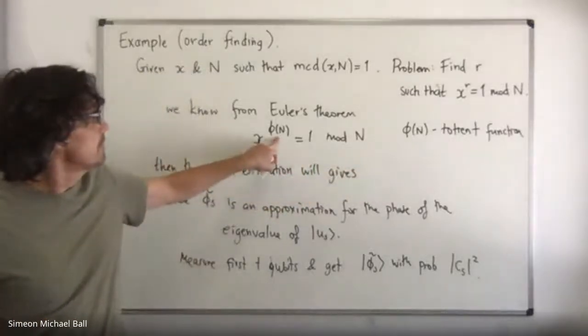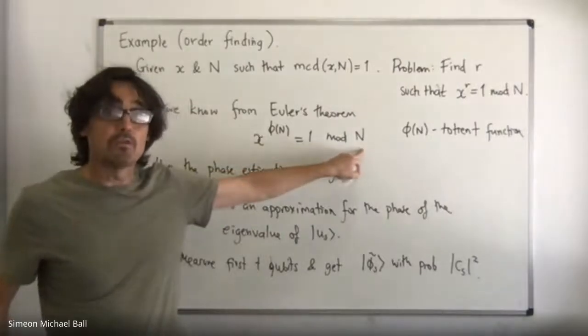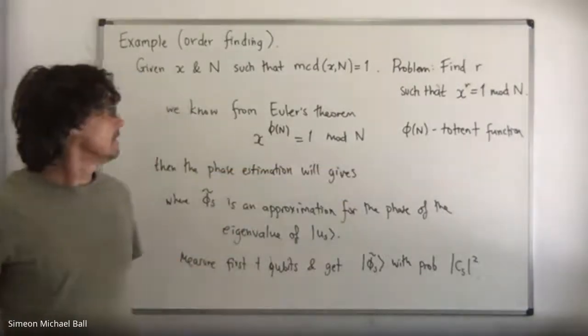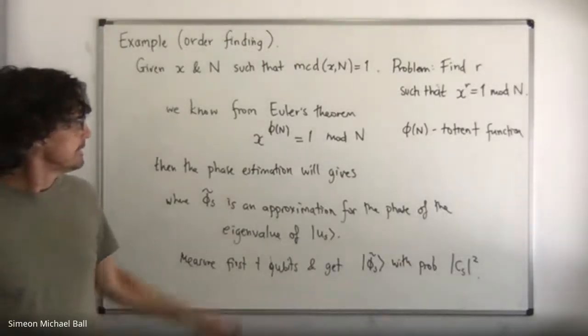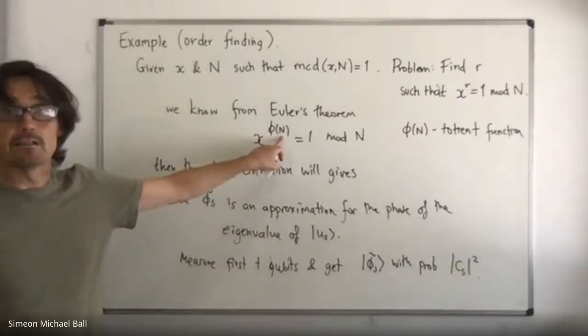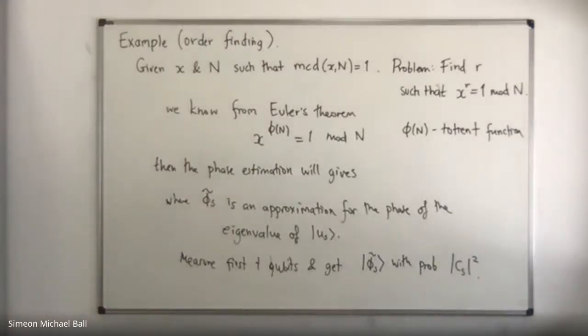This is the number of integers between 1 and N minus 1 which are co-prime to N. So phi(15) is 8, for example. And I will leave it as an exercise for you to prove Euler's theorem, if you haven't proved it before.